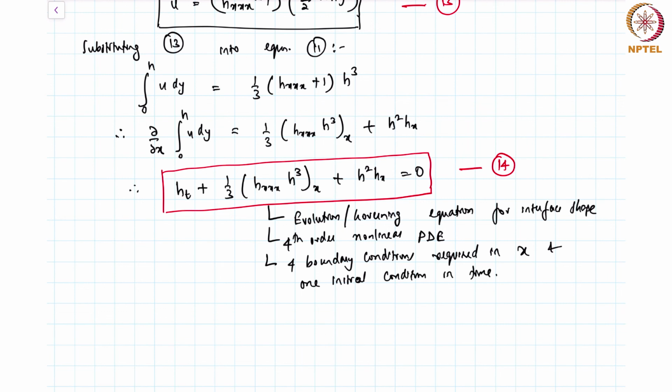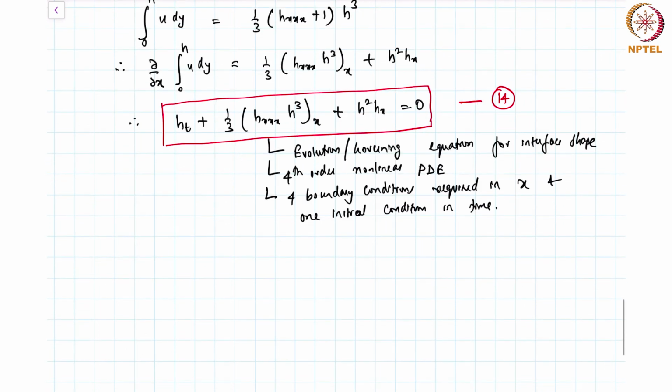So that means I need to specify the initial shape of the interface at t equal to 0. That's my initial condition because we have a time derivative and we have 4 spatial derivatives. Okay. So let's take up this problem in the next lecture.